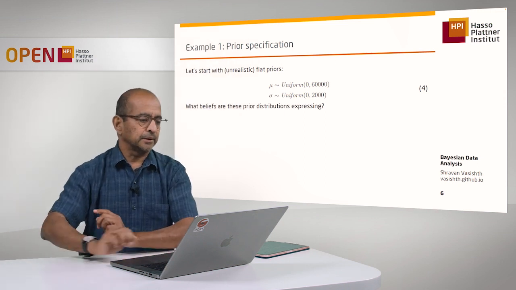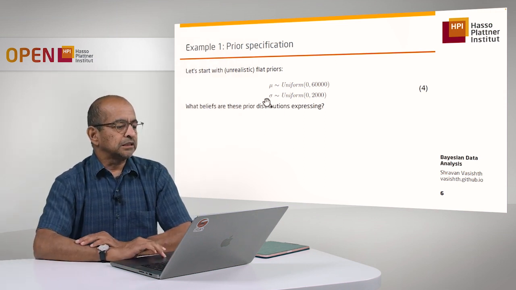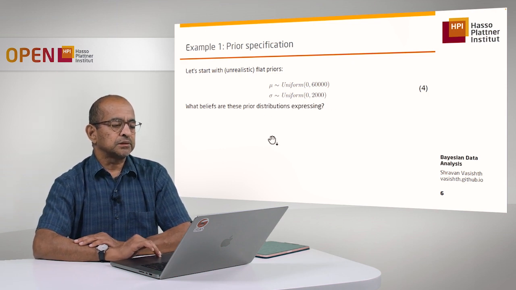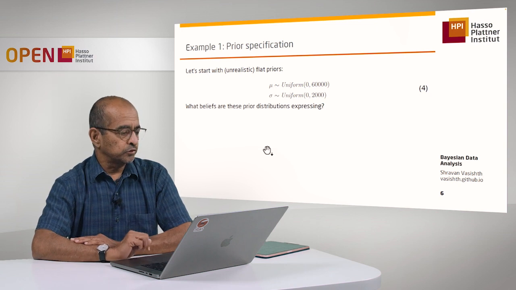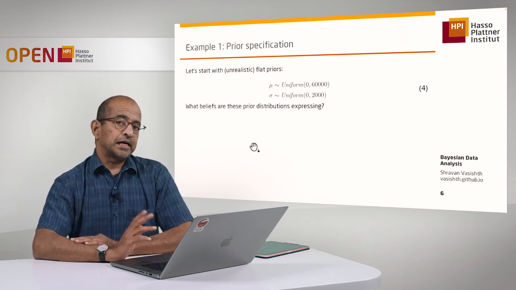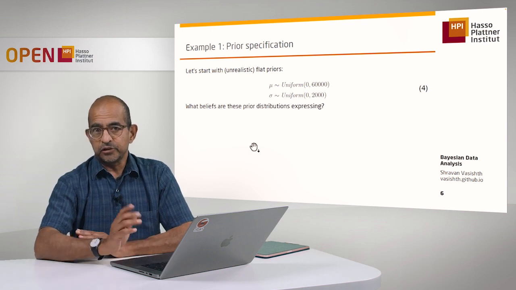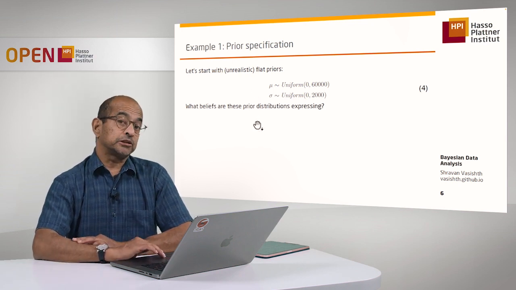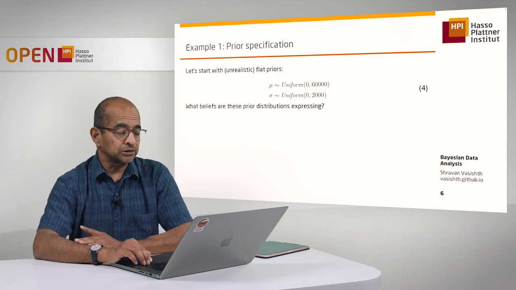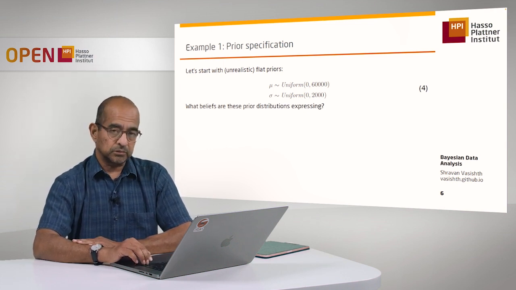And for sigma, I'm going to assume that all values between 0 and 2000 milliseconds are equally likely. I've just chosen these two priors as a starting point. Later on, we are going to elaborate on this model and choose some alternative priors, which perhaps make more sense. But this is a good starting point just to illustrate how the machinery is going to work.